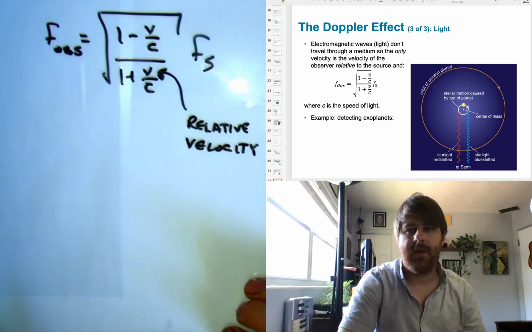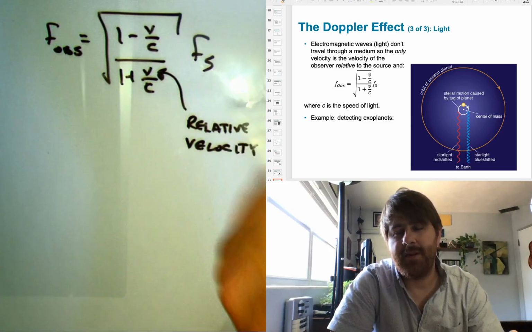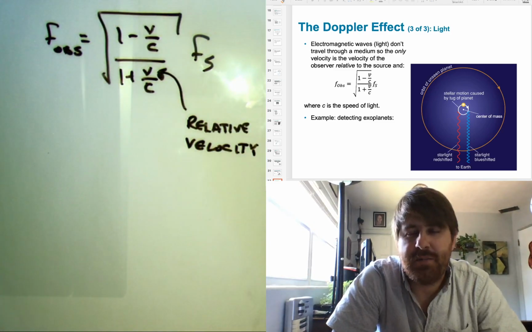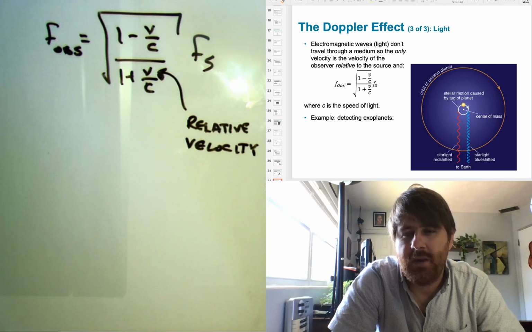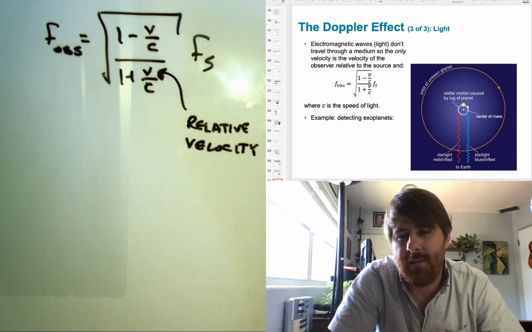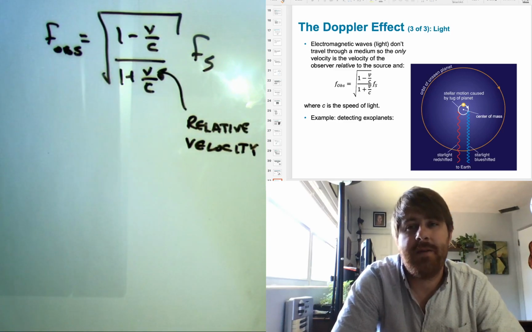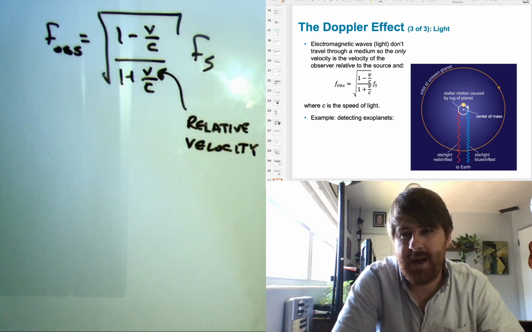Okay. This is, for example, a useful way to detect exoplanets. If there's a planet of sufficient mass orbiting a star, we look at the starlight, and as the planet orbits, the star will also wobble because the two are really orbiting around their combined center of mass.